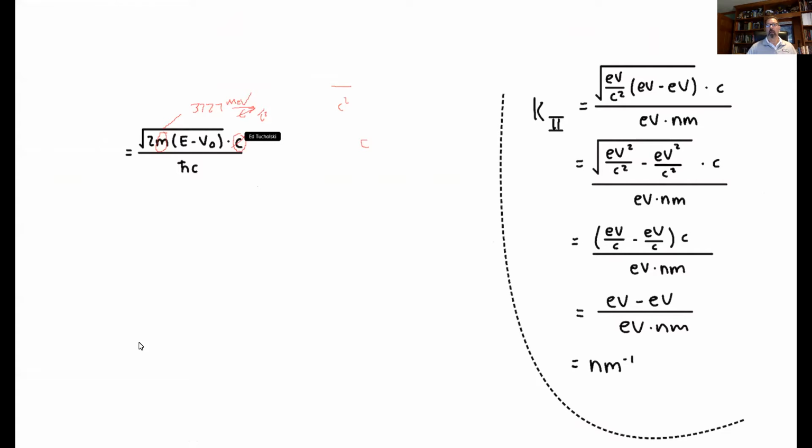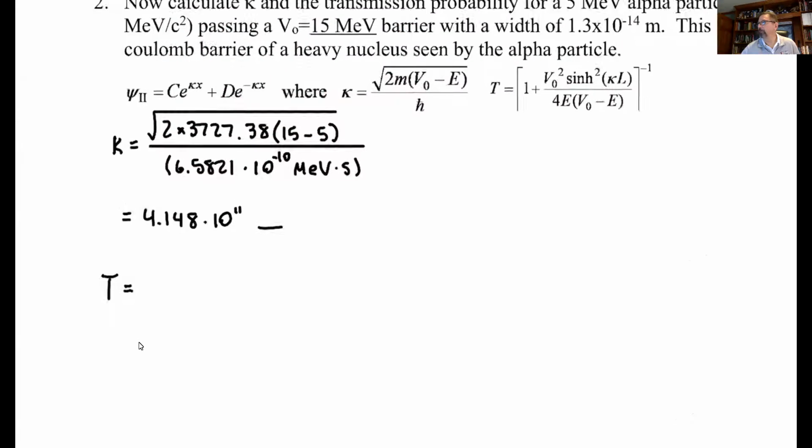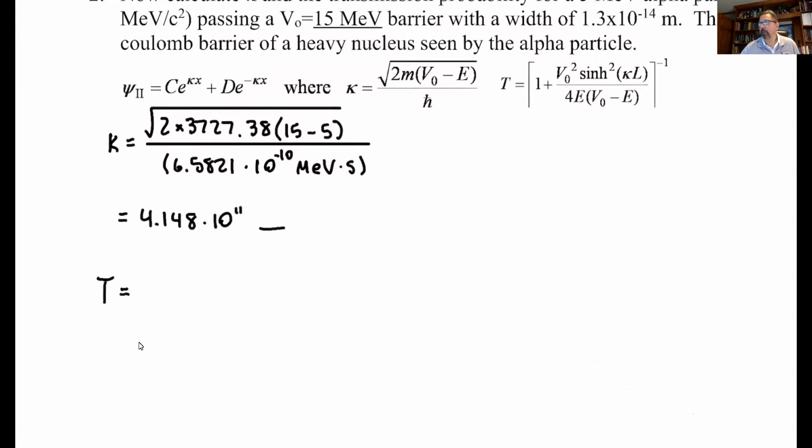And this number right here is about 197 eV nanometers. I think I did this for problem 1, but it should be the same thing. So scroll on up. I think your denominator needs to be ħc, not just ħ.